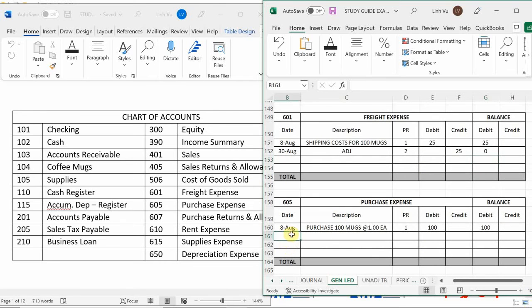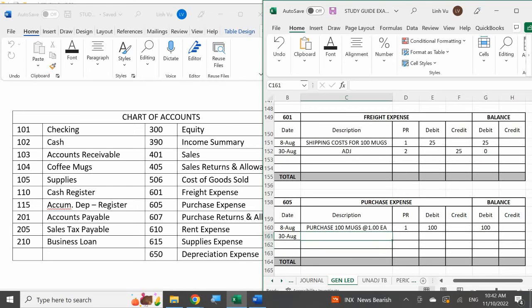Last but not least, we need to also adjust my purchase expense for that $100, because we no longer have it. So it's 0.